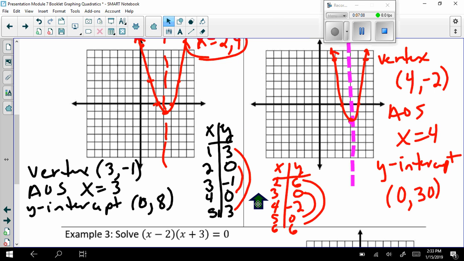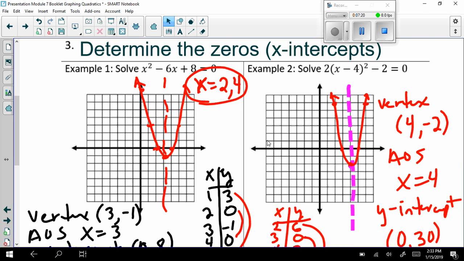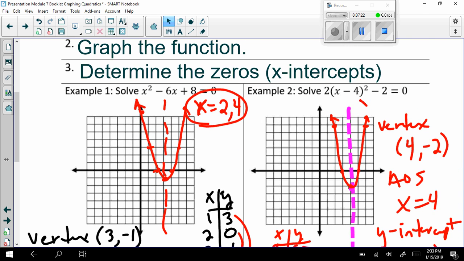I can either look here at my graph at x equals 3 and 5, or I can look here at my table of values where my y is 0, x equals 3 and x equals 5. So again, I have 2 solutions here, x equals 3 or 5. That's my answer. The rest of that is my work.